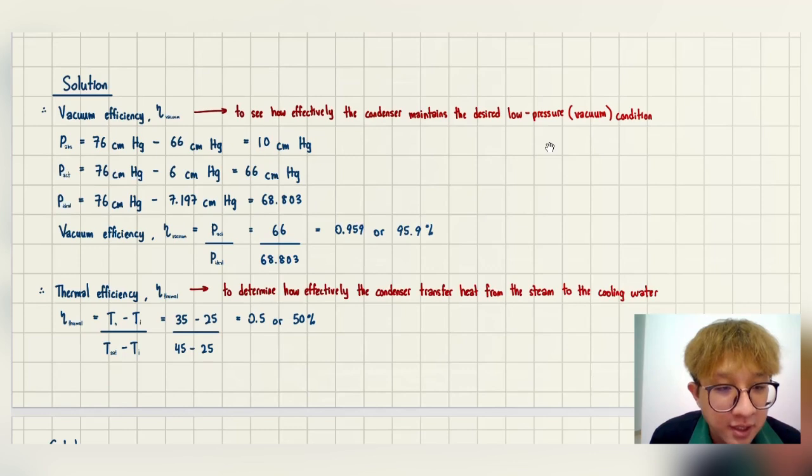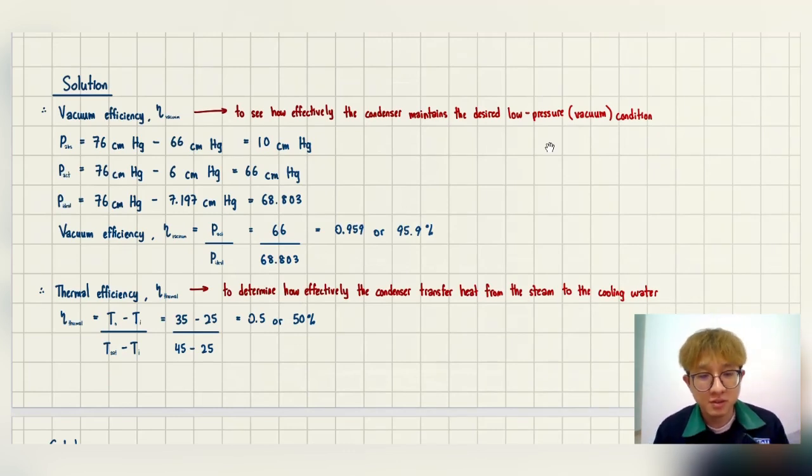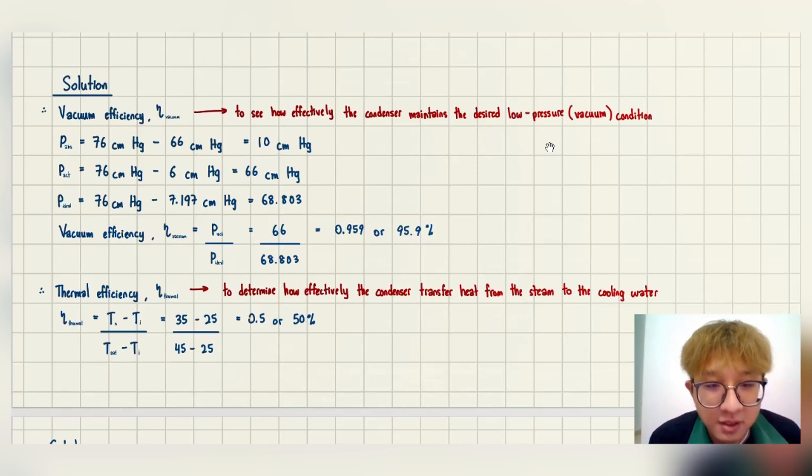The formula is P actual divided by P ideal. So the vacuum efficiency is 95.9%.